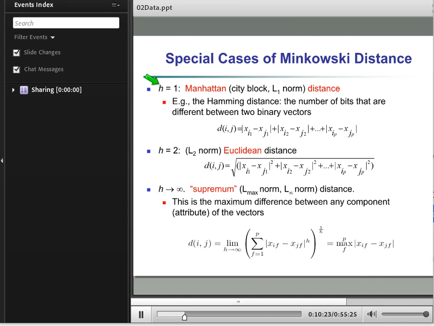But what is h? We have three choices for h. If h is equal to 1, we say Manhattan distance.